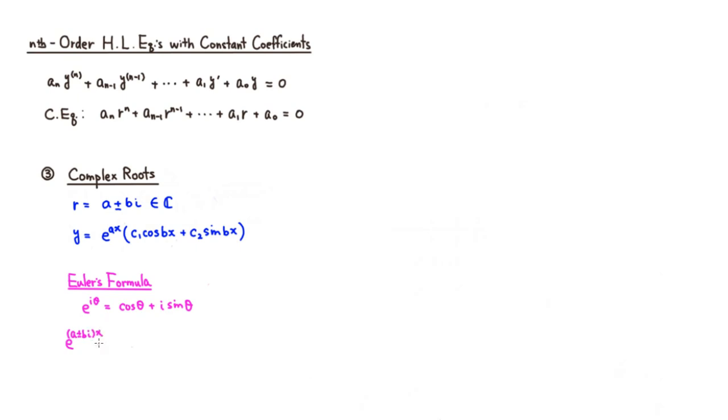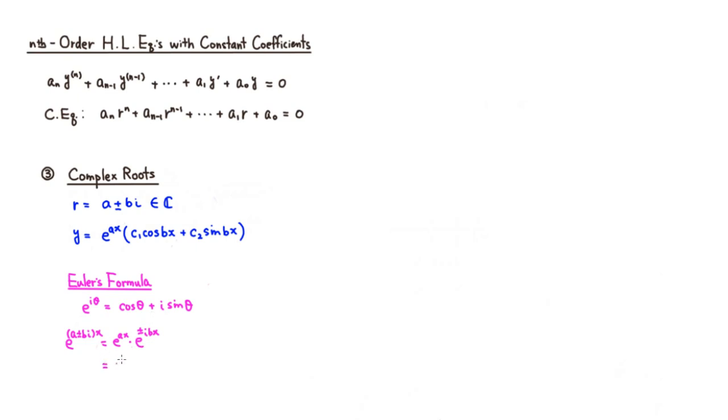I'm going to split this, so you have e to the ax times e to the plus or minus i bx. You can use Euler's formula to split this into a cosine and sine.